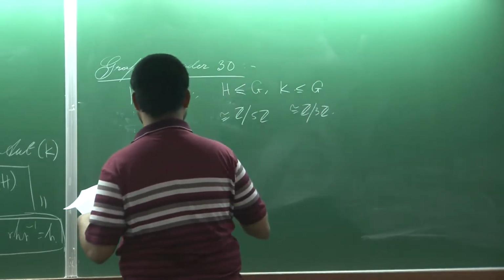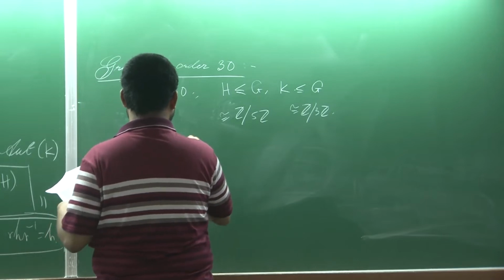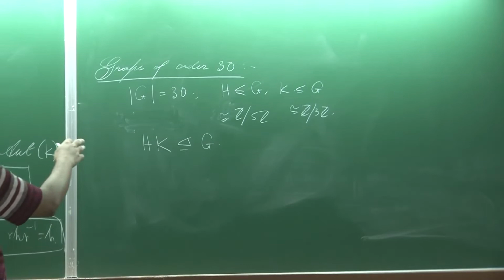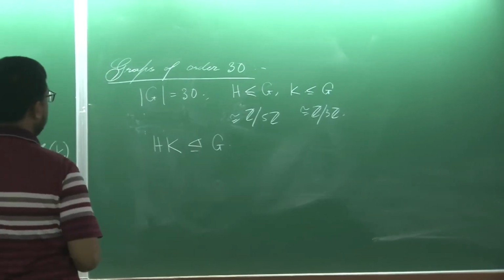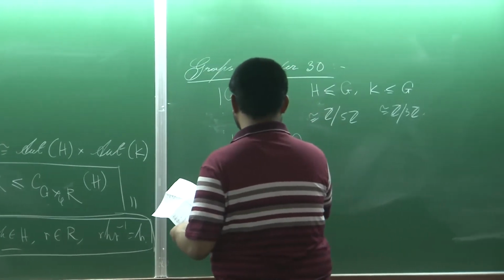Earlier we have seen that this is going to be normal in G, because it has order 15.